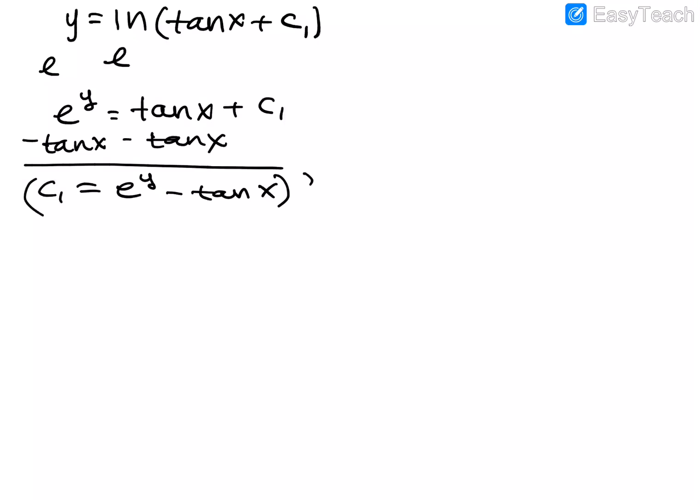And the derivative of the constant is 0. The derivative of e to the y would be e to the y times y prime minus the derivative of tangent x, secant squared x.